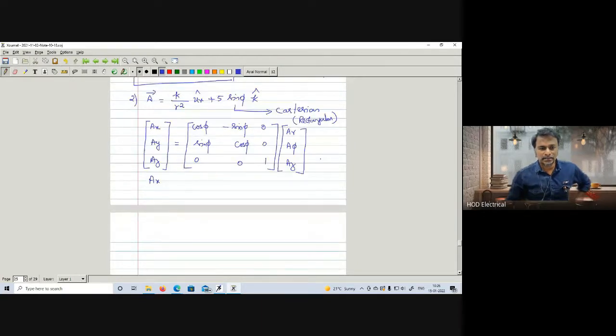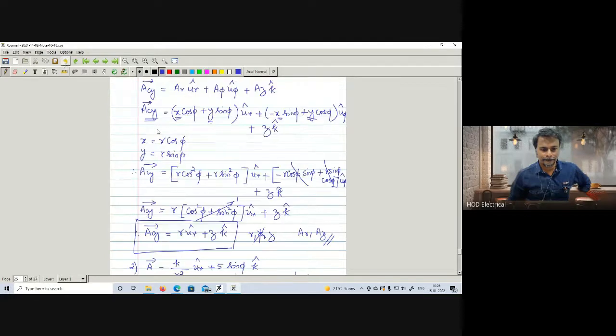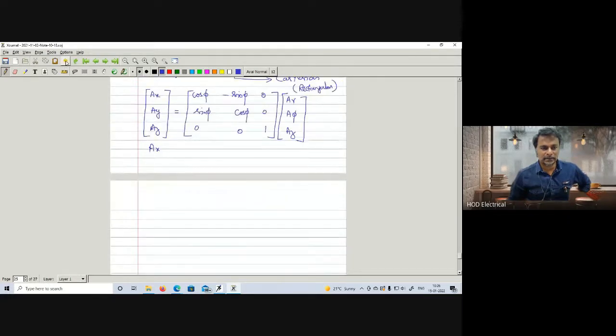We can write that AX equal to, you can use another color. So AX equal to AR into cos phi minus A phi into sine phi plus 0 into AZ.